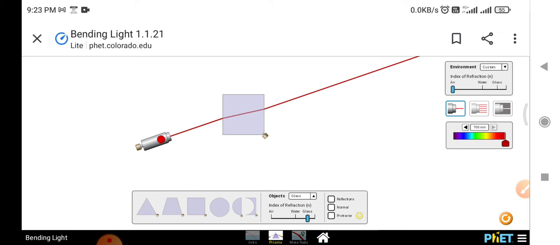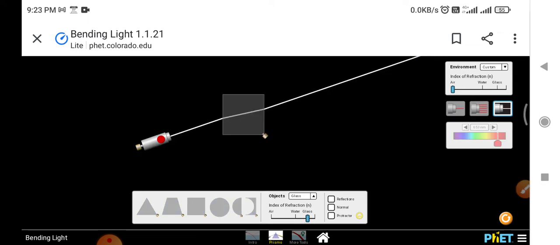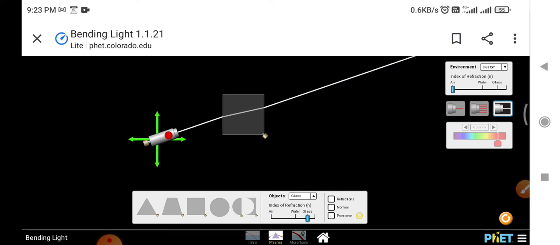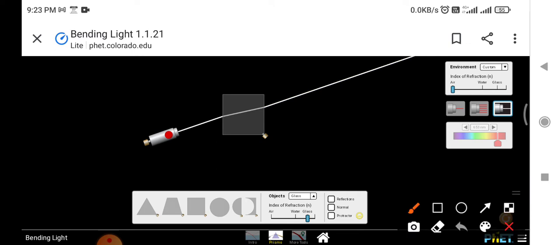For a single ray also we can change the color of light: violet, blue, indigo, green, yellow, orange, red. Here when the white light passes through the glass slab, there is no dispersion. This concept we already learnt in the theory.